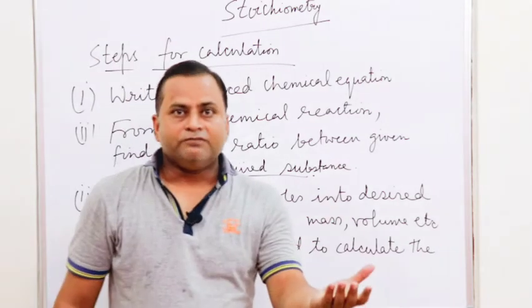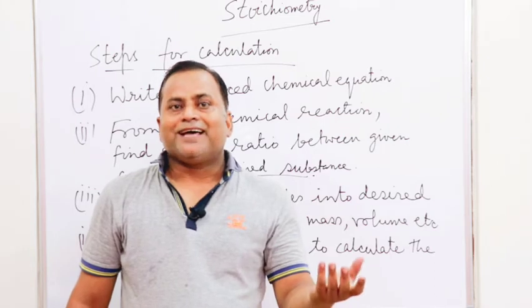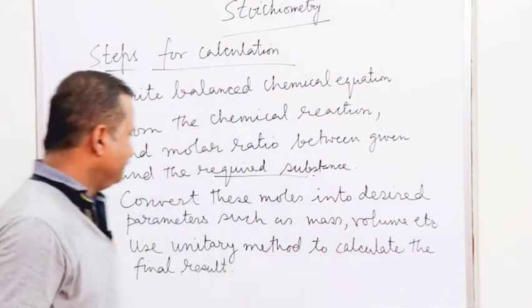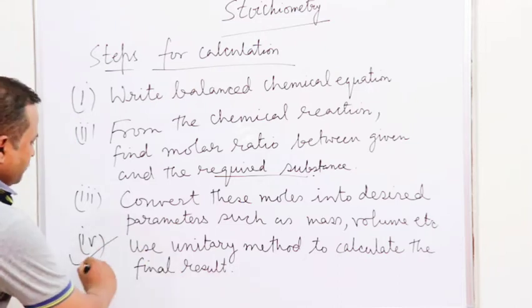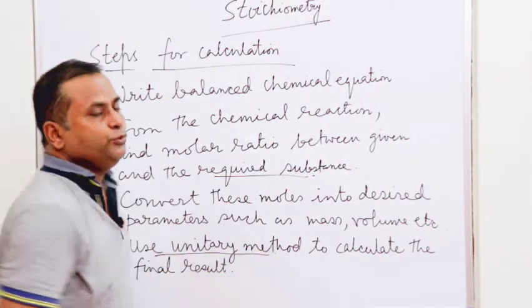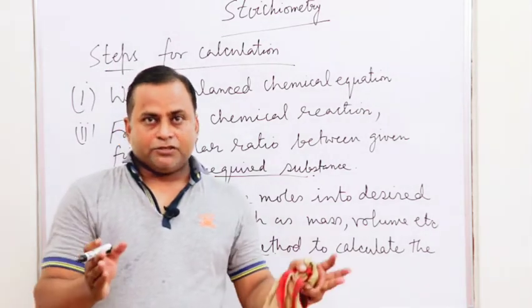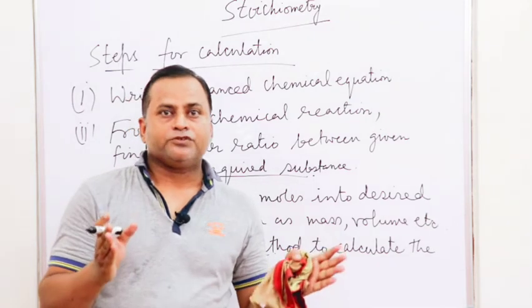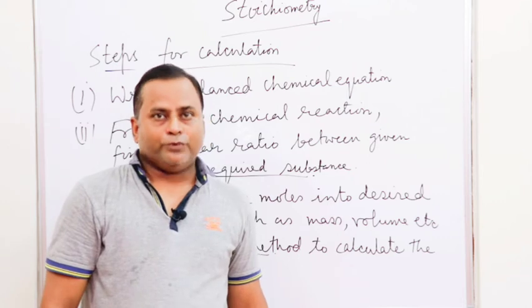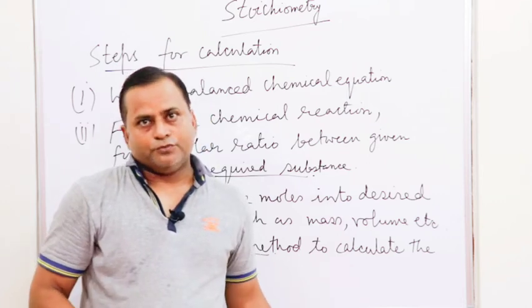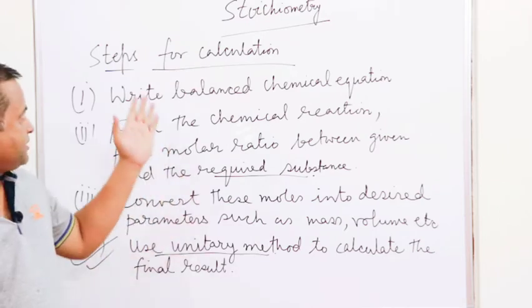Then you have to convert these moles into certain parameters like mass and volume. And finally, use the unitary method. This is very important. The last step, use the unitary method to get the final result. So that's what stoichiometry and stoichiometric calculations are. Now we will solve some questions to make this concept more clear. So you can write down the note, the steps.